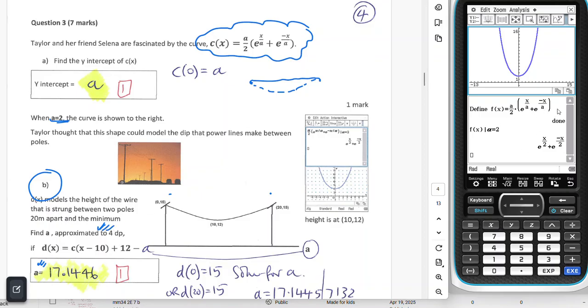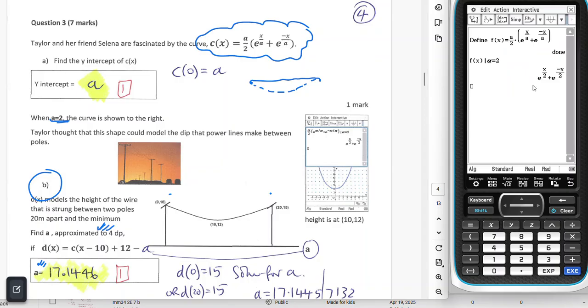Okay, so I've got my f of x, but I'm not going to make a equal 2. So I've got my f of x, and I know that it's going to look like this.